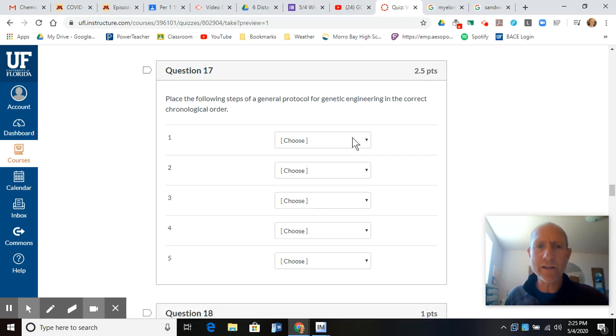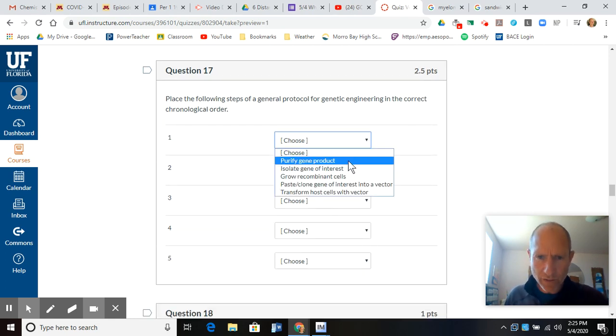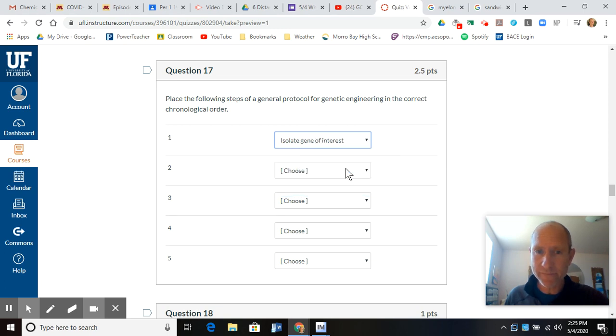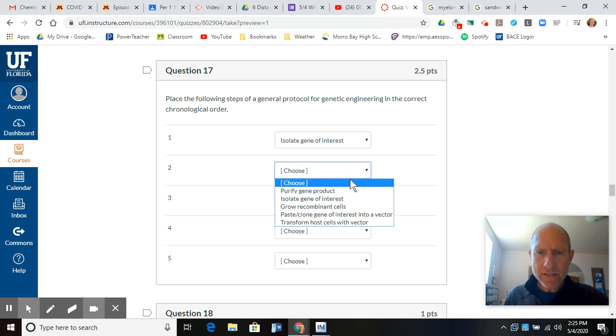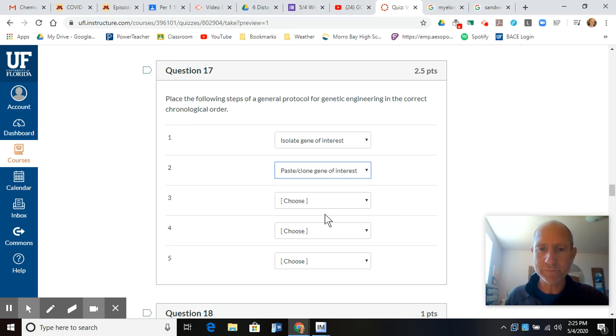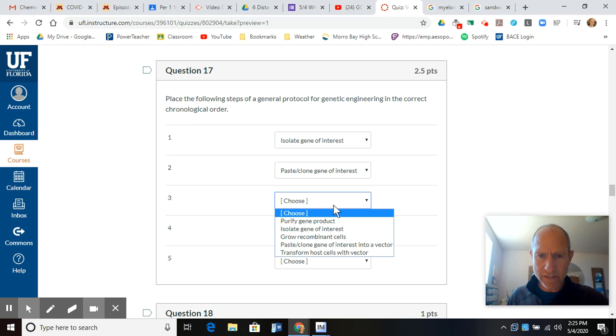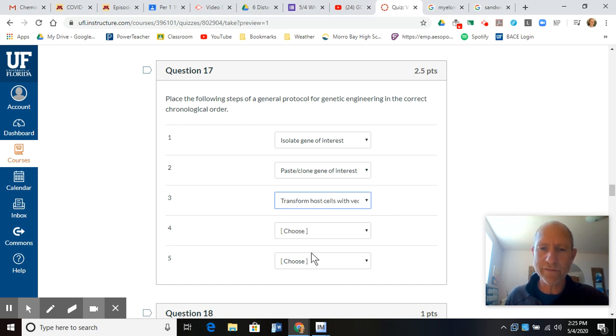Place the following in order. First, we're going to need to isolate the gene of interest. Next, we're going to need to get that gene of interest, paste it or clone it into a vector, into a plasmid. Next, we're going to need to get that plasmid into host cells. So that's going to be a transformation. Transform host cells with the vector.